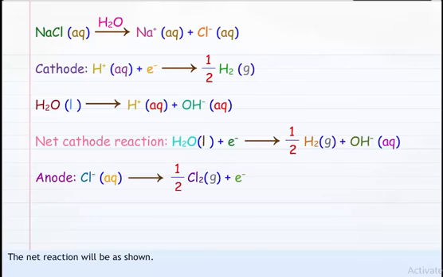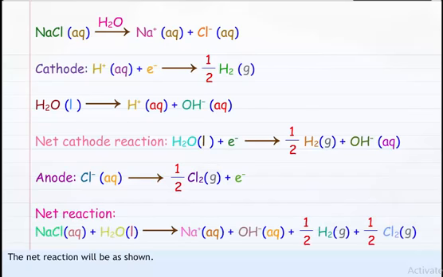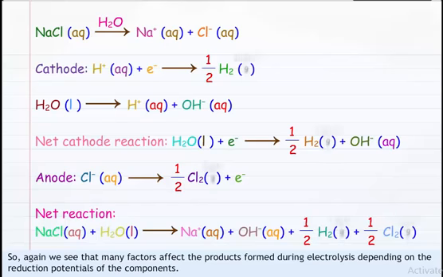Anode: Cl- aqueous gives 1/2 Cl2 gas plus electron. Net reaction: NaCl aqueous plus H2O liquid gives Na+ aqueous plus OH- aqueous plus 1/2 H2 gas plus 1/2 Cl2 gas. So, again we see that many factors affect the products formed during electrolysis depending on the reduction potentials of the components.